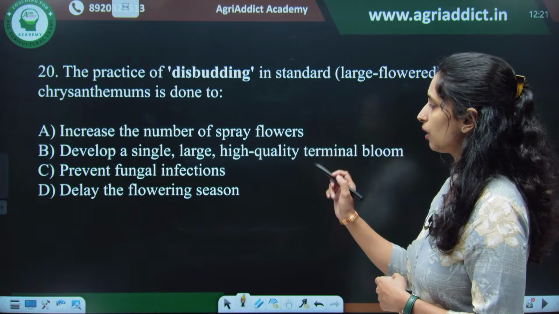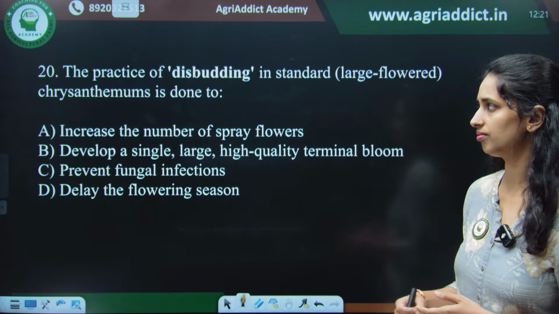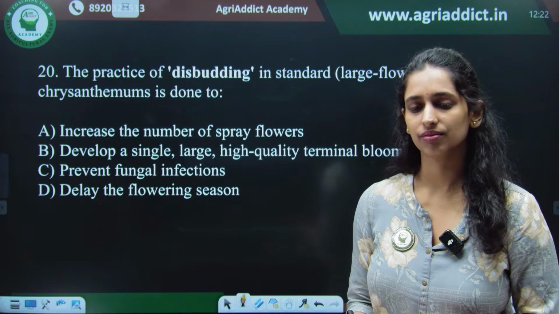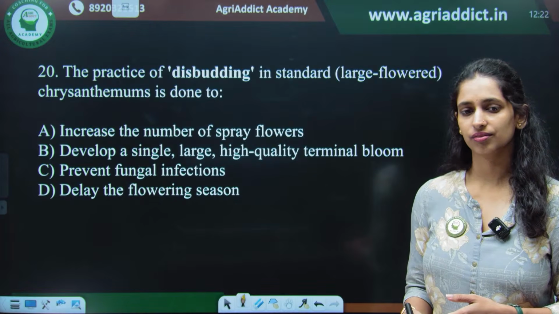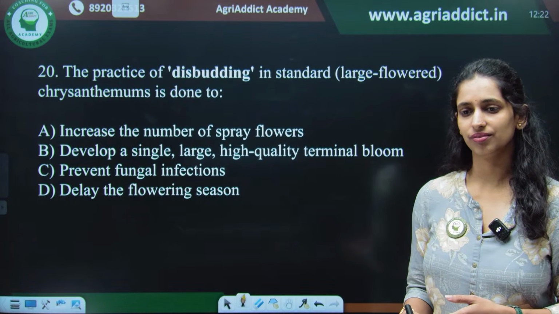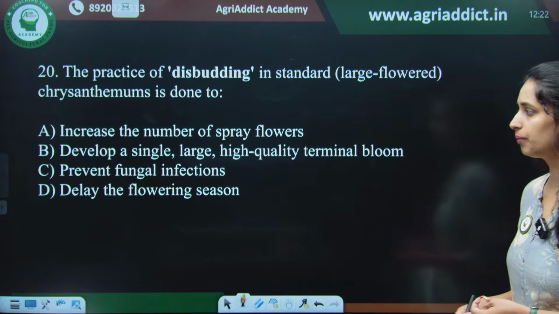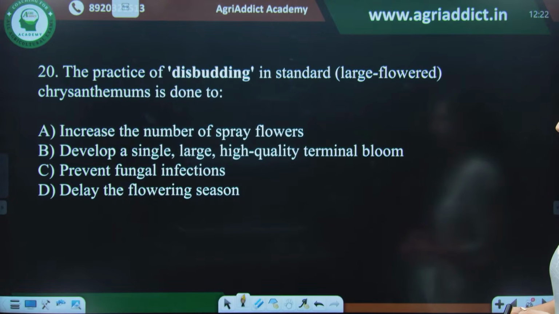20th, the practice of disbudding in standard large flowered chrysanthemum is done to. Disbudding क्यों करते हैं हम? Increase the number of spray flowers, develop a single, large, high quality terminal bloom, prevent fungal infections, delay the flowering season.